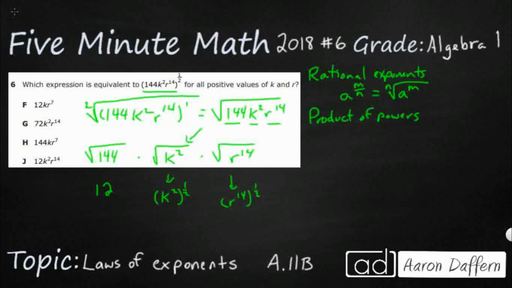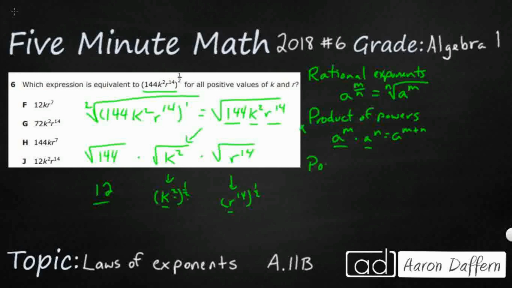Even though we're multiplying this 2 and this 1/2, this really works if we have the same base, like a to the m power times a to the n power, where you add the exponents. But you notice how we need the same base. My bases are 12, k, and r, 3 separate bases. So we're not going to use this one.